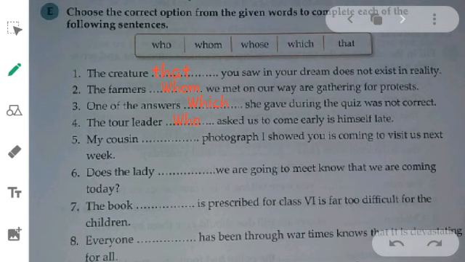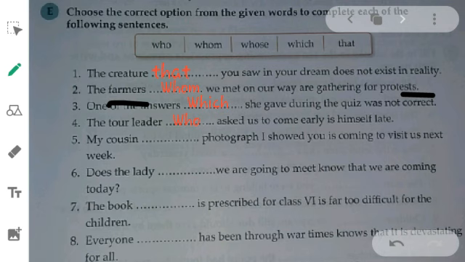For example, in the second blank, the farmers whom we met on our way are gathering for protest. So there is no question mark after it, and whom is an interrogative word, but we are not asking a question over here. We are not putting a question mark after it. Whom is just referring to the subject farmers.